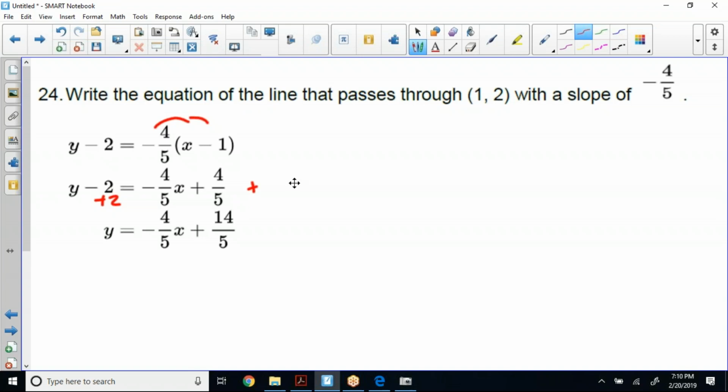So when you're adding 2, you got to think about how 2 would look if it had a denominator of 5. Well, what's 5 times 2? 10/5 is the same as 2, is it not? So 4/5 plus 10/5 gives me 14/5. So you just find the common denominators, right? And that's really what they done.